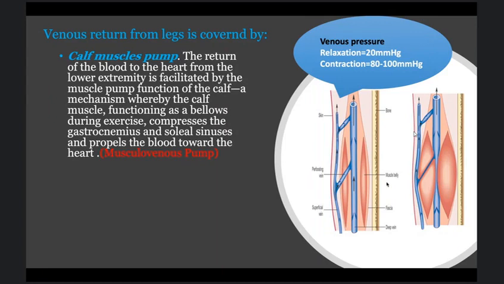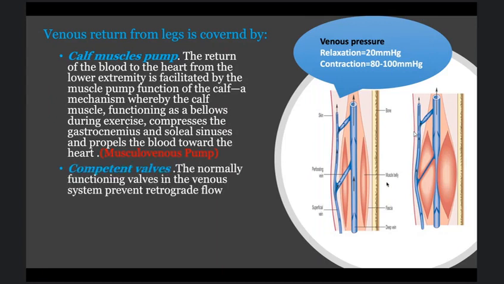Also, venous return from the lower limbs is facilitated by competent valves. The normally functioning valve in the venous system prevents retrograde flow. Also, it is kept by gravity. Also, it's kept by arterial pressure. Okay? And the thoracic pump. All these factors affect the venous return from the lower limbs.